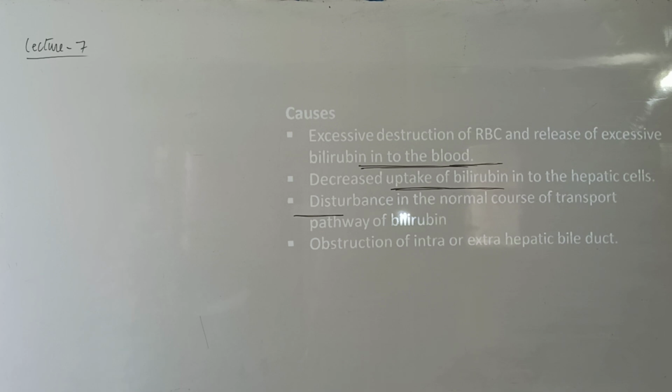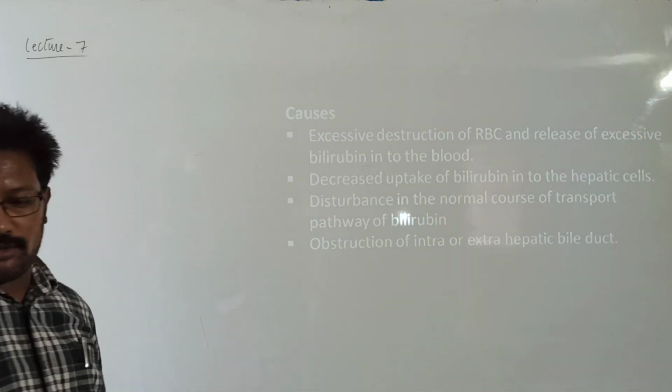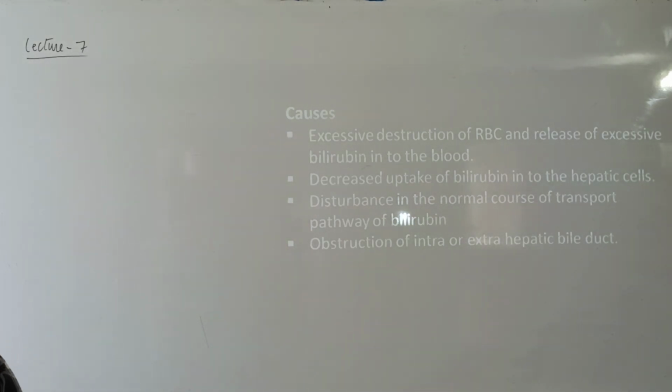Now let's see the causes of jaundice. The causes include excessive destruction of RBC and release of excessive bilirubin into the blood, maybe in case of malaria or some other conditions.